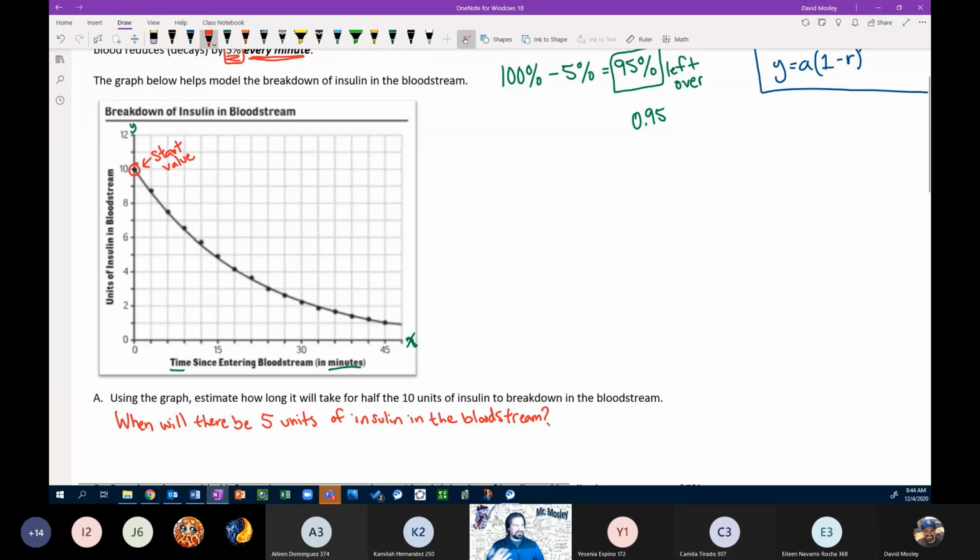Looking at the graph, estimate. When will we hit 5 units of insulin? At what time? How many minutes?